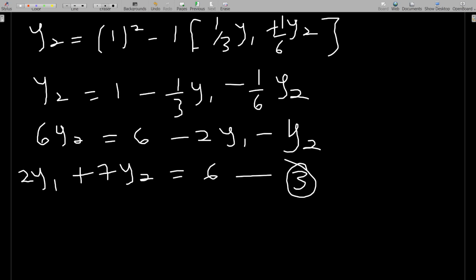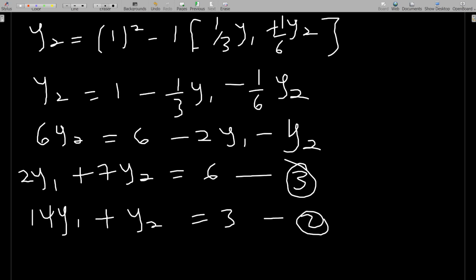I realize that both equation 2 and 3, equation 2 is given by 14 y1 plus y2 is equal to 3. That's equation 2. So realize that from equation 1, we know y naught to be equal to 0. So with that, you don't touch it. But from equations 2 and 3, they both have y2 and y1 unknown. So what you are coming to do is just find them.